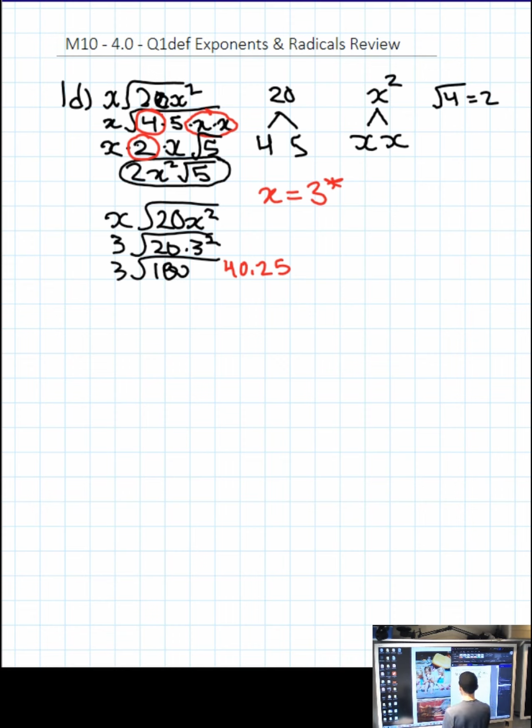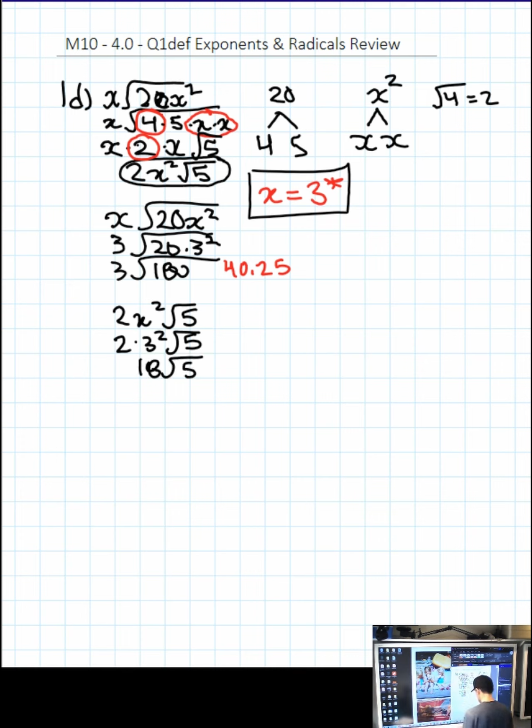Then if I take my answer, 2x root 5, and resubstitute my x value of 3, 2 times 3 root 5. Hmm, 2 times 3 squared is 9, times 2 is 18. We get 18 root 5. If I test 18 square root 5, I'm also going to get 40.25. Because these two things are equal, we can put a check mark beside our answer.